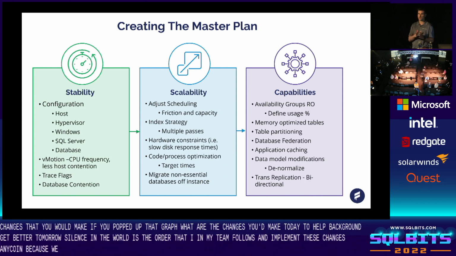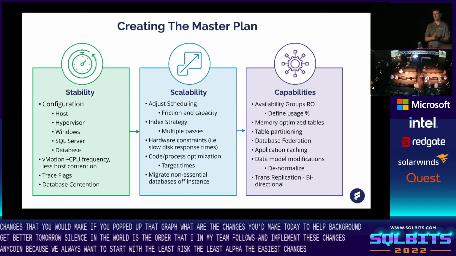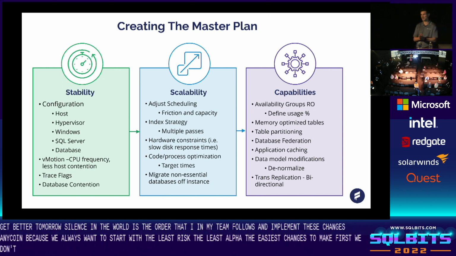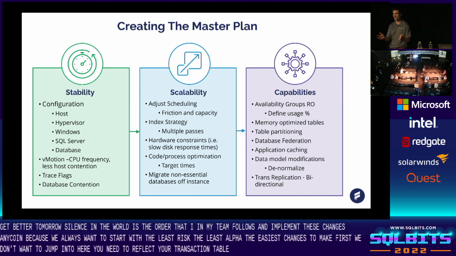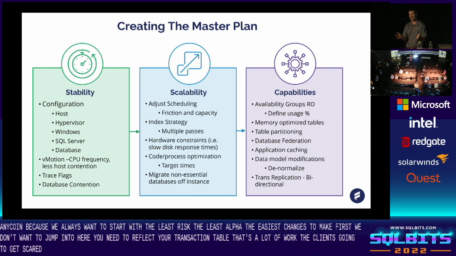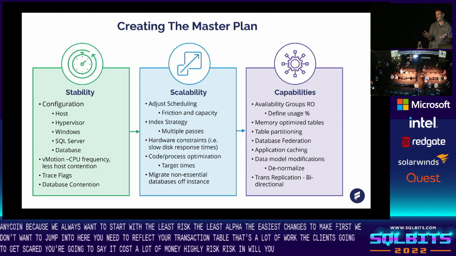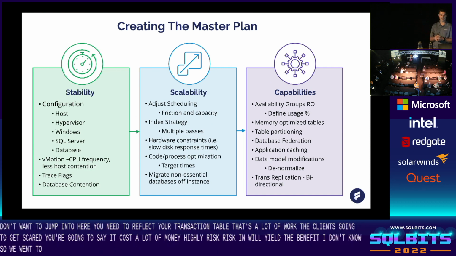Because we always want to start with the least risk, the least effort, the easiest changes to make first. We don't want to jump in and say, hey, you need to refactor your transactions table. That's going to be a lot of work. The client's going to get scared. You're going to say it costs a lot of money, it's highly risky, and will it yield the benefit? I don't know. So we want to start on the left-hand side.